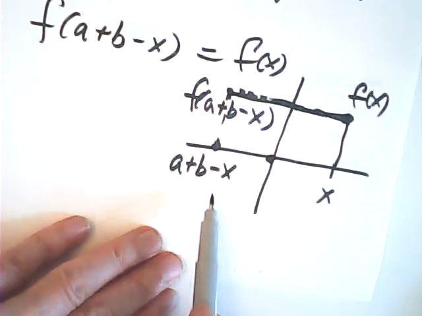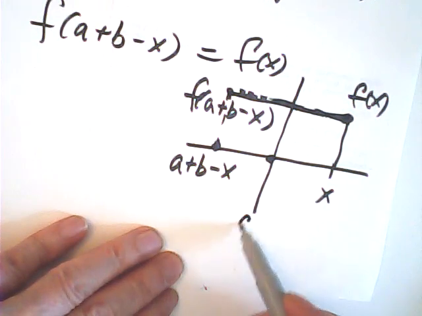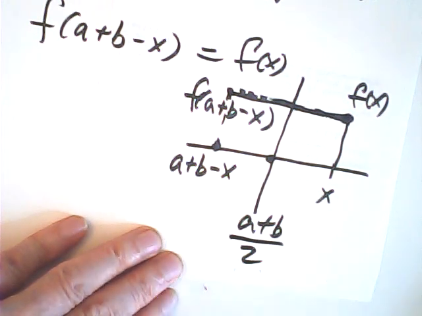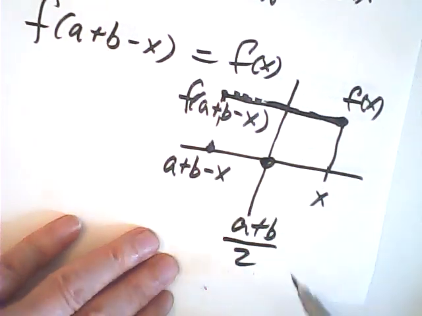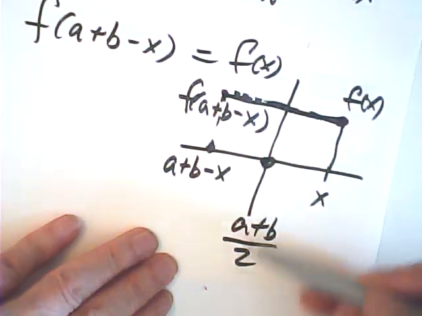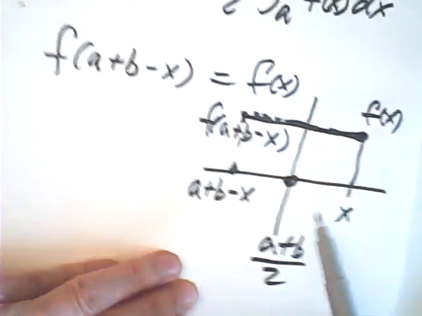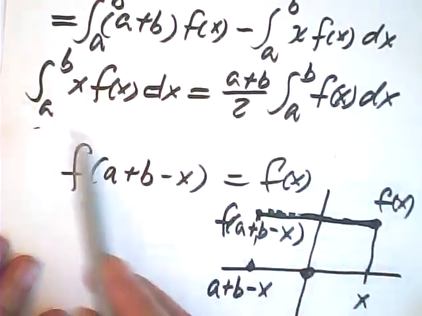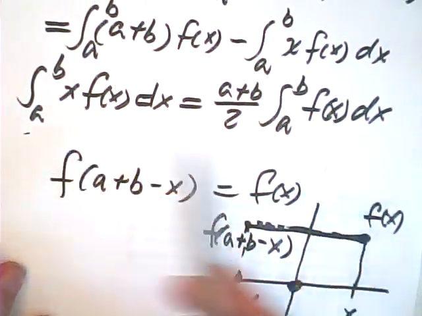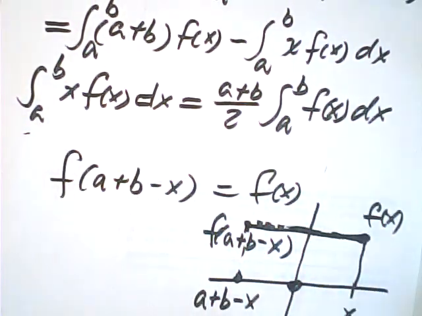What is the midpoint? This plus this, divided by 2. So that means when the function is symmetrical with respect to x equal to half of a plus b, then this property will be true. Okay.